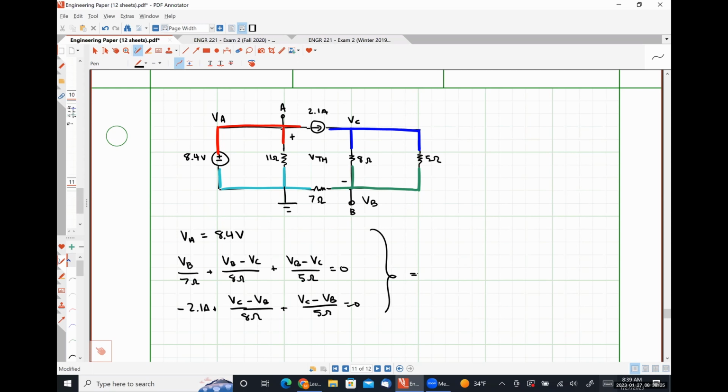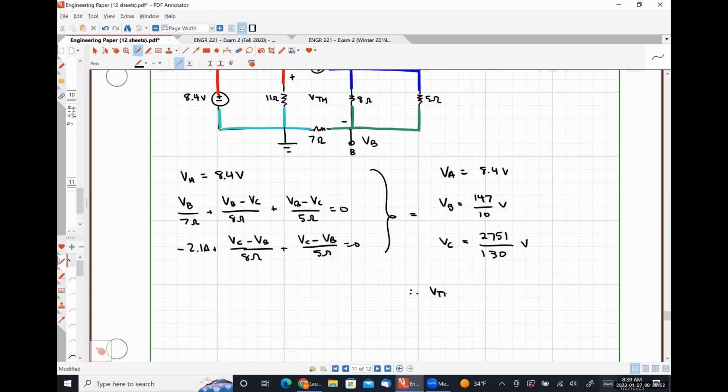Solving, I get VA is 8.4 volts. VB is 147 over 10, so 14.7 volts. VC is 2751 over 130 volts.